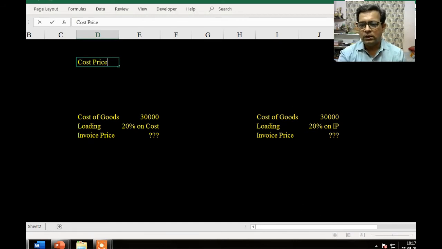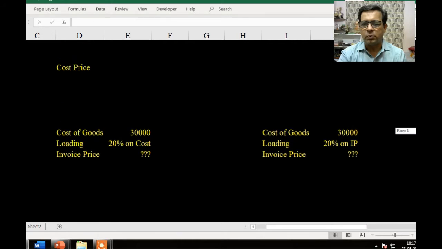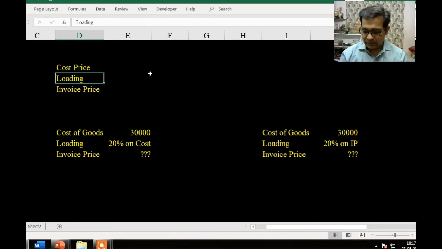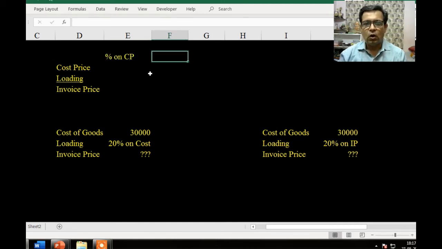To this cost price, we are going to add loading, and then what we get is the invoice price. Now, what we have to understand here is that loading can be given as a percentage on cost price, or it may be given as a percentage on invoice price.